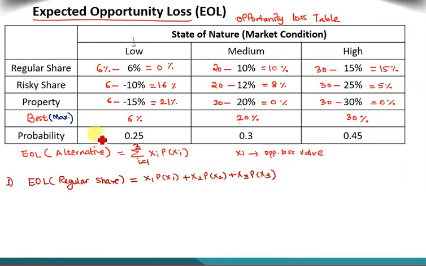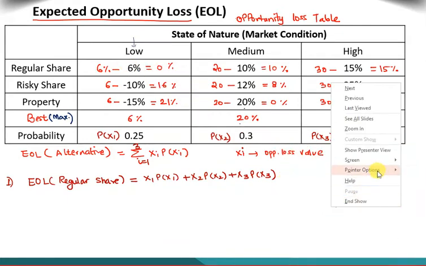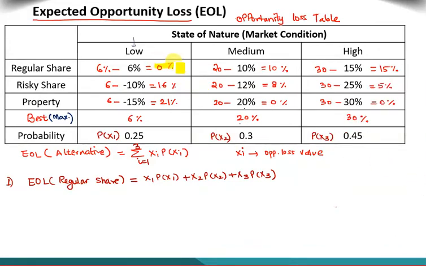So it's clear that this is probability of x1, this is probability of x2, and 0.45 is probability of x3. As I said, xi stands for opportunity loss value. So in this case, the numbers which are highlighted, this 0% is x1, 10% is x2 and 15% is x3 when we talk about regular share.